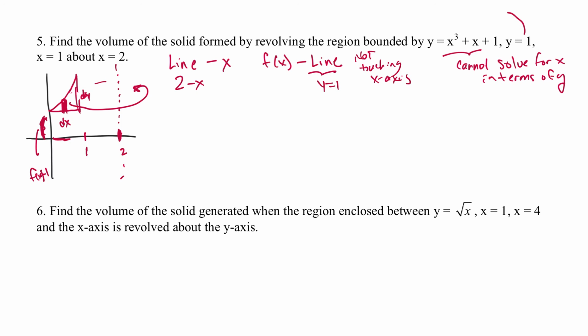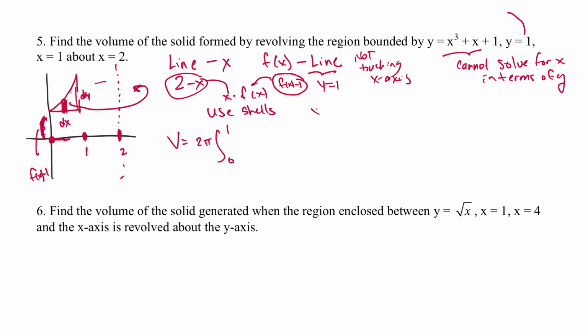So this is my x times my f(x) in this case, because I'm going to use shells, right? That's what we had said. So in this case, this is the 2 minus x, and this will be f(x) minus 1. That's what I'm going to put in each of these. So the volume will be 2π times the integral, going from 0 to 1, right? Those are my slices.